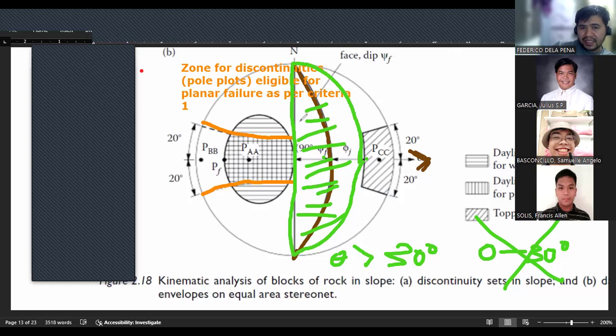Now we have to express this in terms of poles. Basically you have to take the opposite direction of this zone and get the complementary angles for this whole zone. I'm not going to explain how that is converted; you can do that by yourself in RocScience Dips. But basically, your zone would involve angles between 30 to 90.